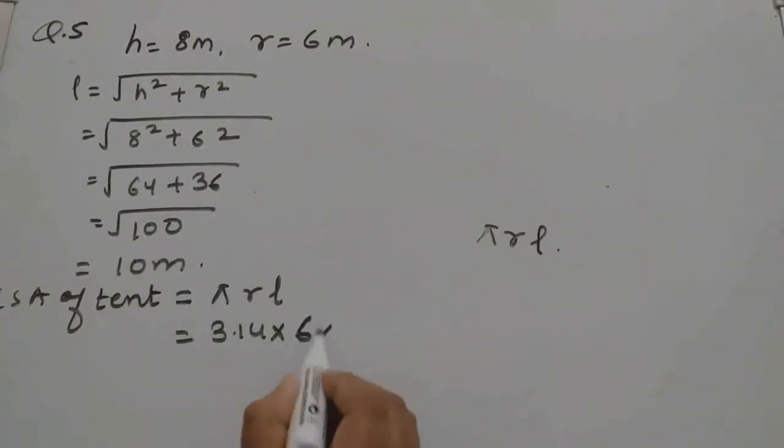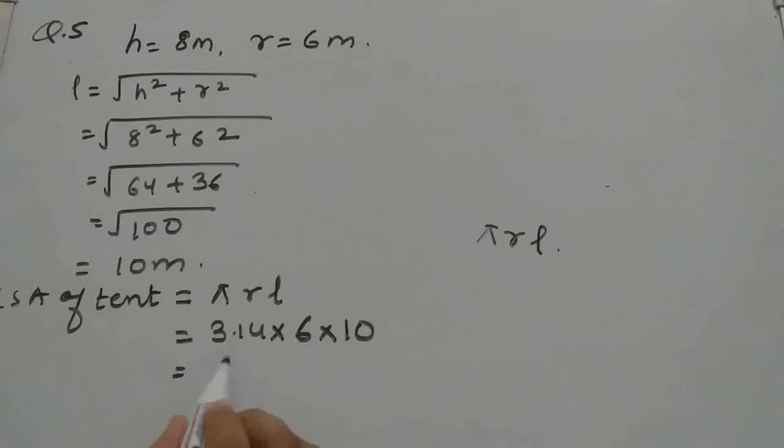L is 10, so if you multiply 3.14 by 10, the decimal will shift to the right, so 31.4 will come. Now we can multiply this to get the final answer.